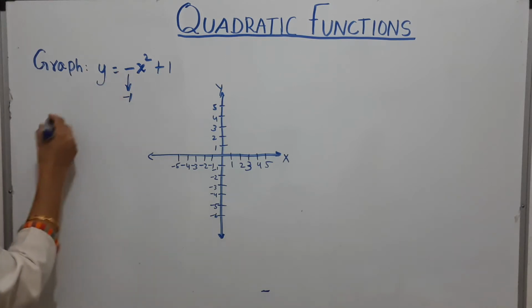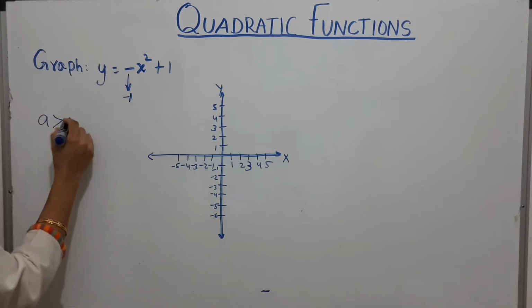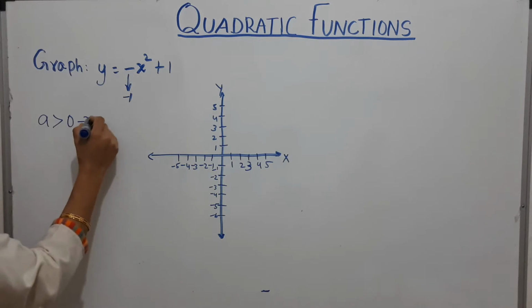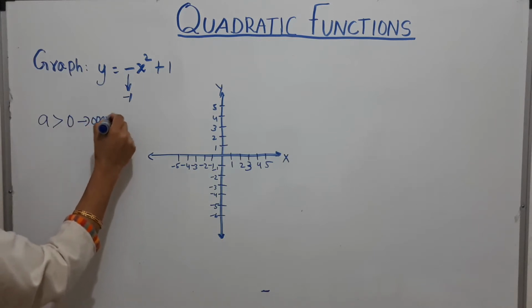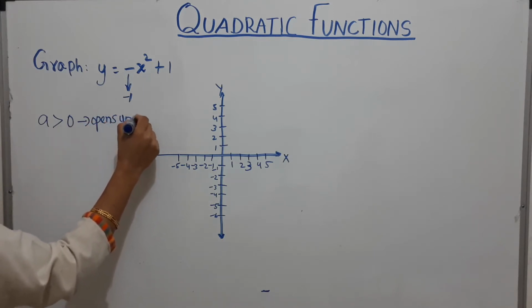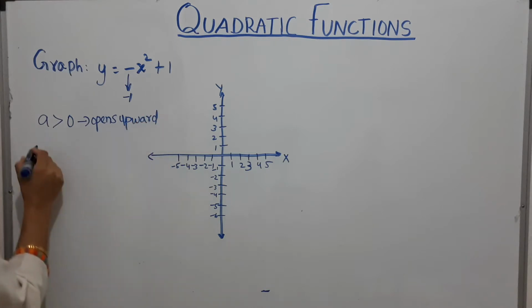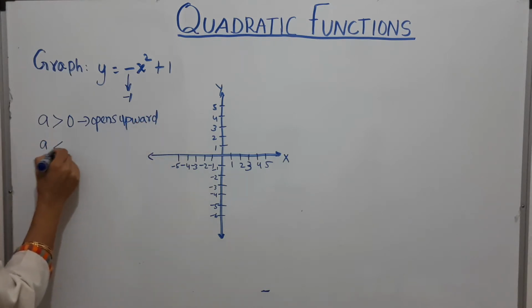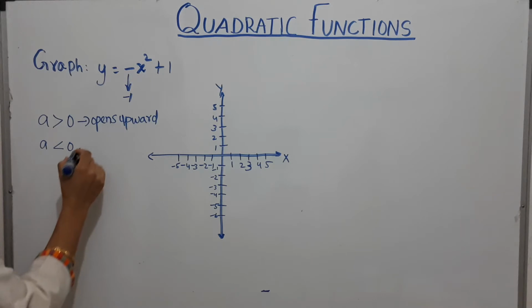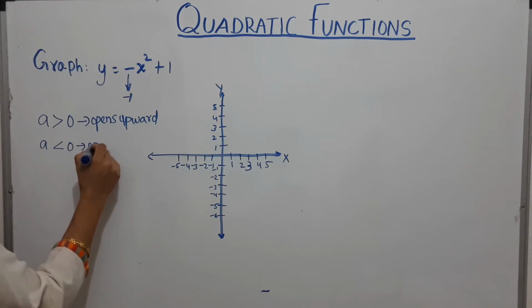If a is greater than 0, then it opens upward. If a is less than 0, which is negative, then it opens downward.